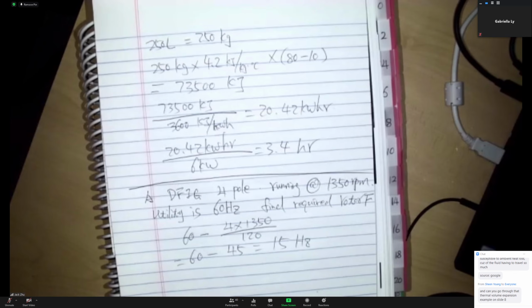Thermal volume expansion on slide A. Which one?